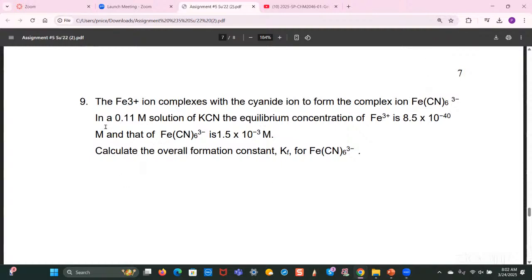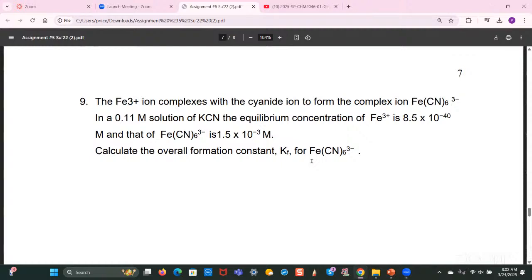In any case, the question says that in a 0.011 M solution of potassium cyanide, the equilibrium concentration of Fe3+ is 8.5 times 10 to the minus 4 M, and that of the complex is 1.5 times 10 to the minus 3. So the question is asking you to calculate the overall Kf for this complex, all right?